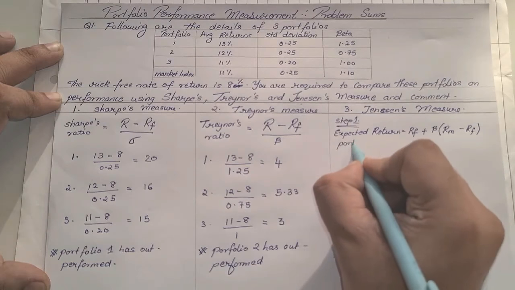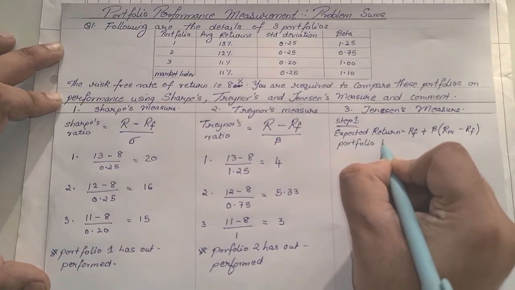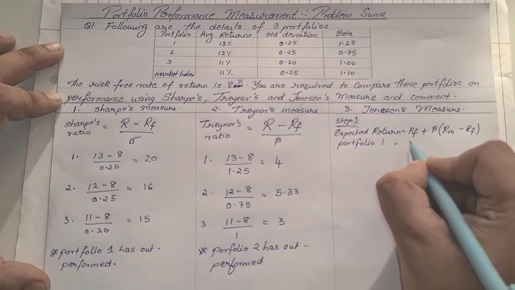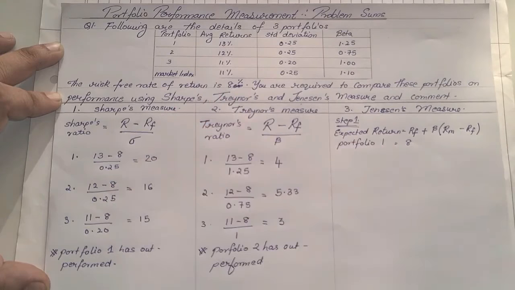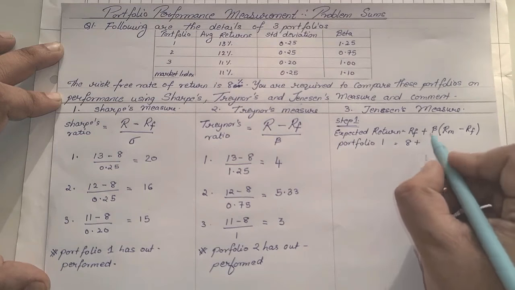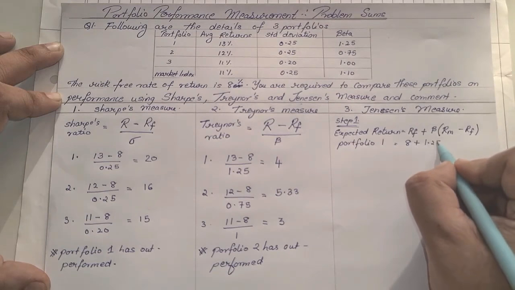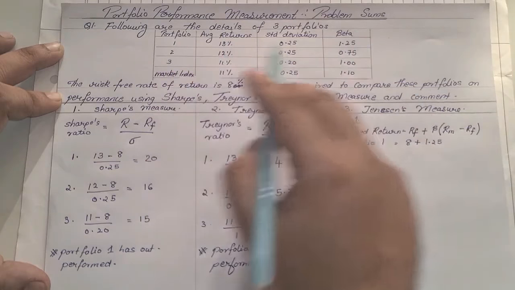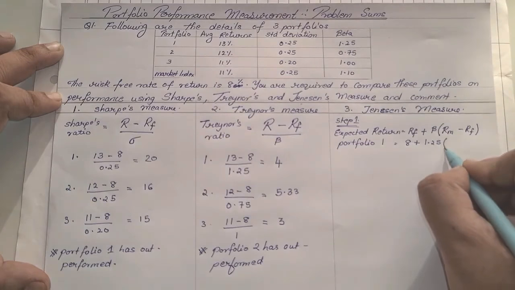So first we'll do for portfolio 1. The risk-free return was 8, which is fixed for all, plus beta, that is 1.25 for portfolio 1, into the market return.